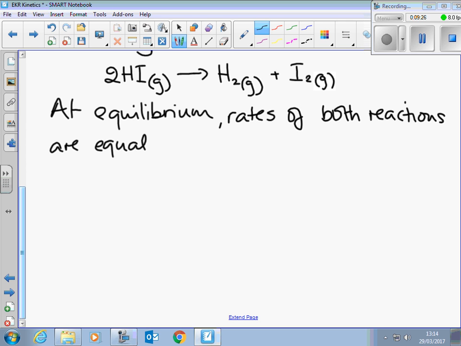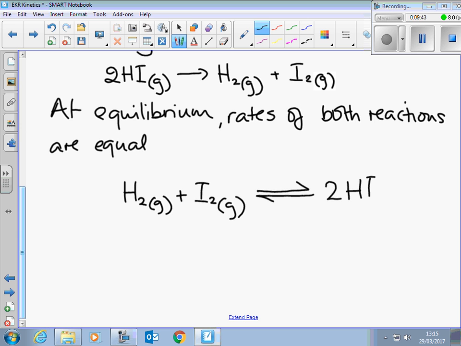Okay, so it doesn't matter which way you write this. So you could write it that way round. Or, of course, you could write it the other way around, which I'm not going to do.